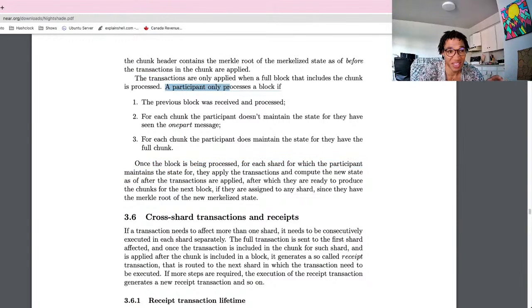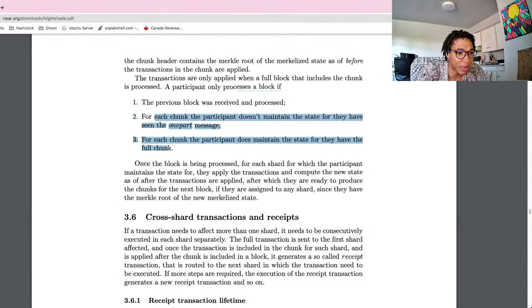A participant only proposes a block, so a block proposer. So it should be W, I suppose. So a block proposer only proposes a block if the previous block was received and processed, so the previous block is valid, and these two are happening.